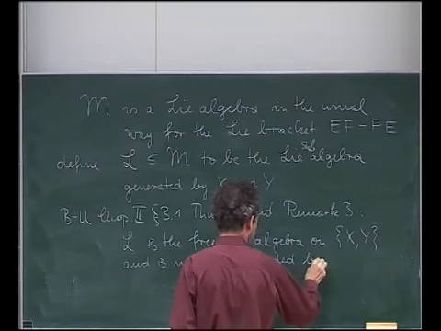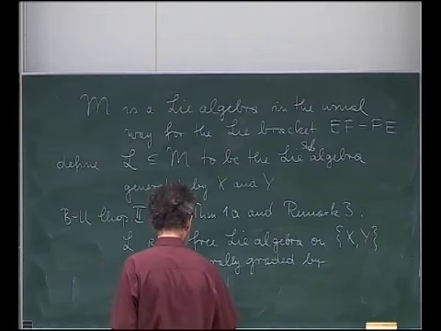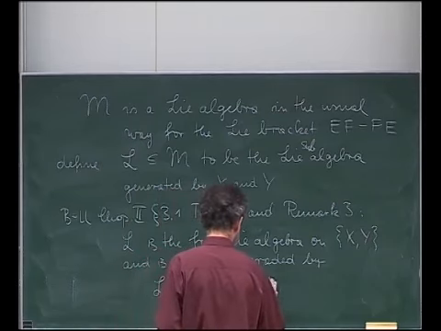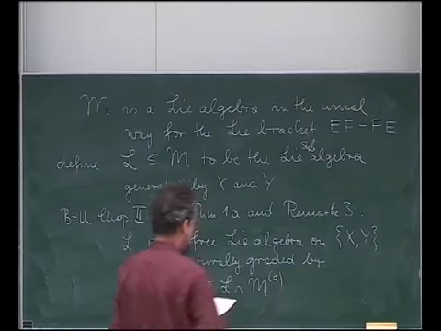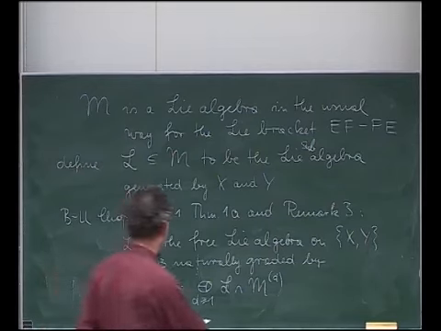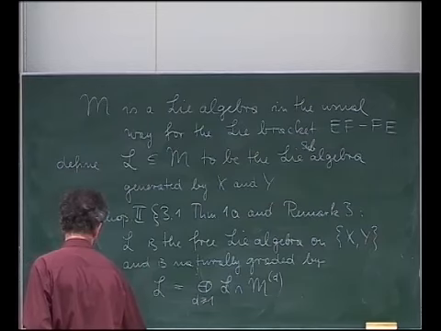And it is naturally graded. L, in fact, is the direct sum of its intersections with these pieces of the Magnus algebra.